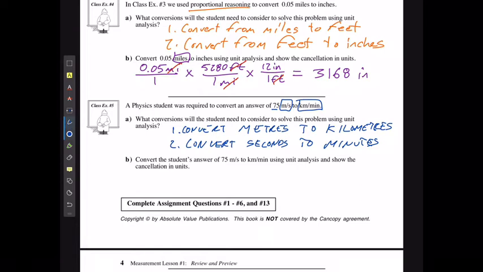So what I actually have to start is I have 75 meters for every 1 second.